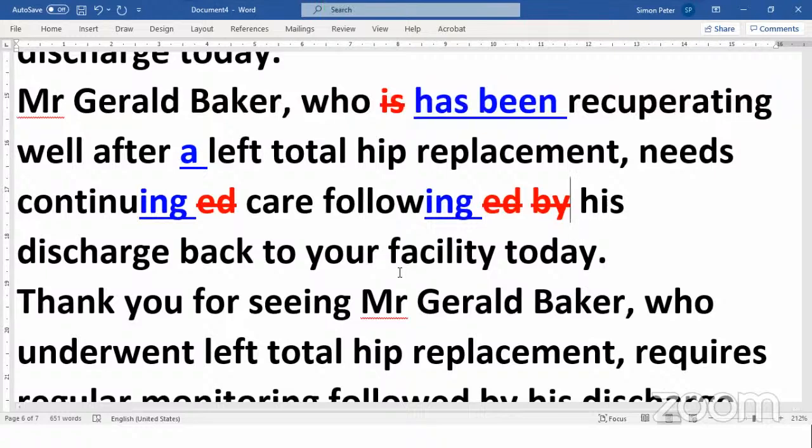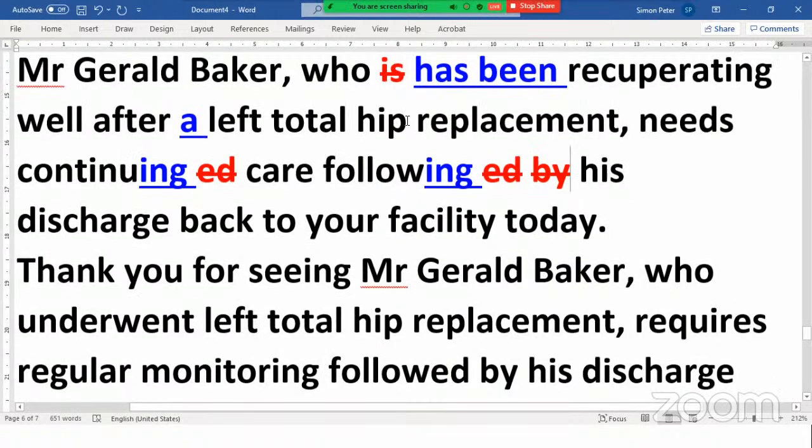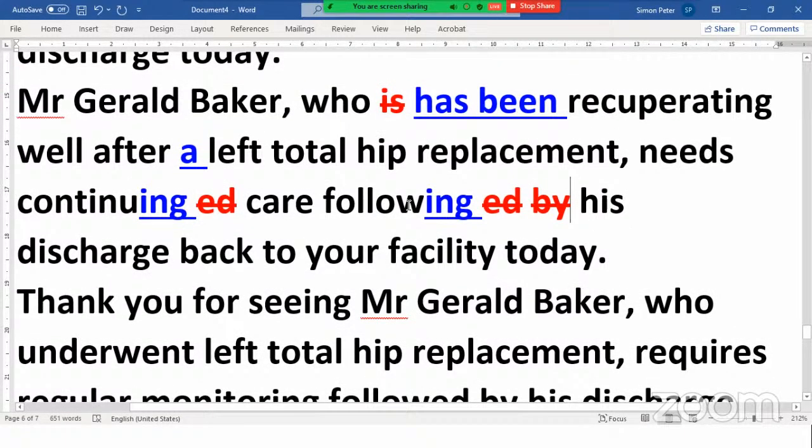So improve that area. Following his discharge means discharge is first and continuing care is following. Try to see here: if A is following B, B is first and A is second.